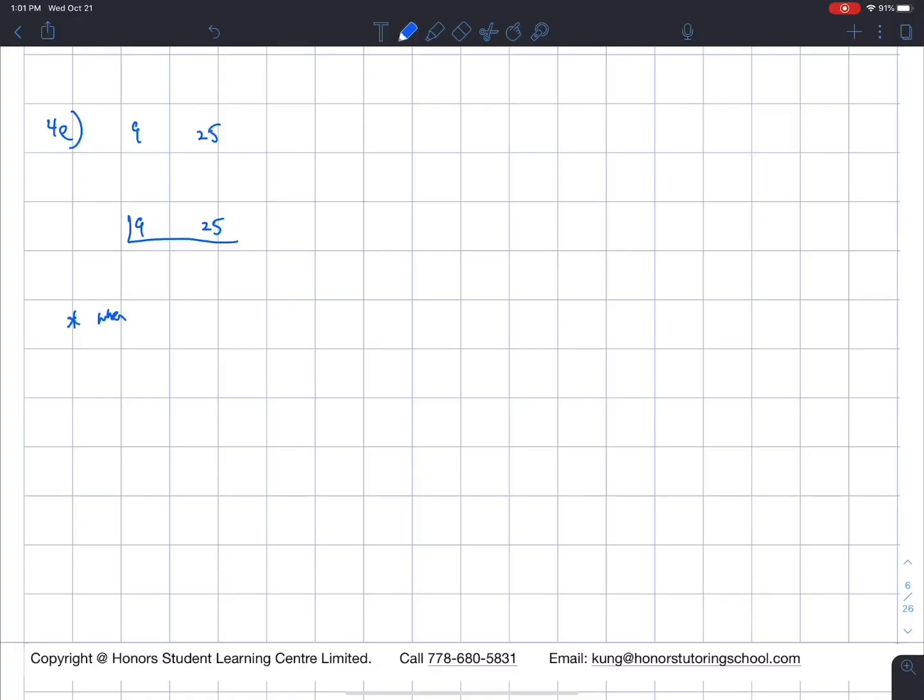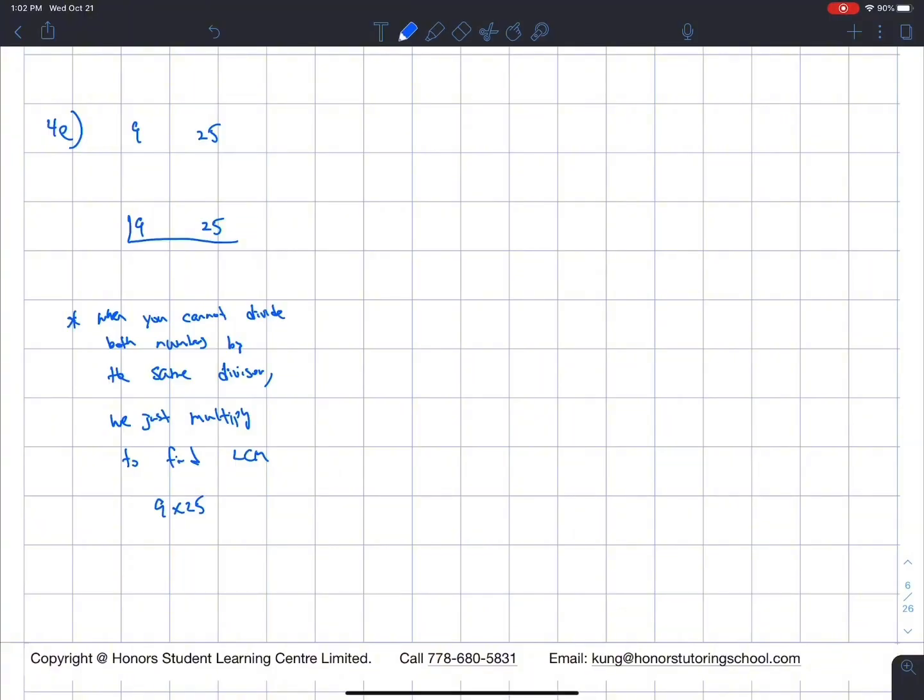So when you cannot divide both numbers by the same divisor, we just multiply to find the LCM. So it would just be 9 times 25, which is 225.